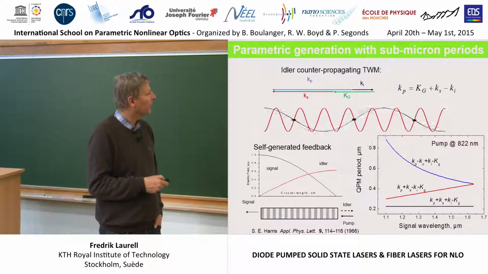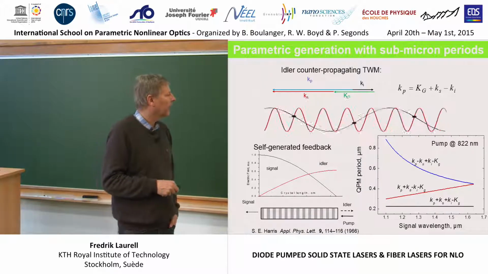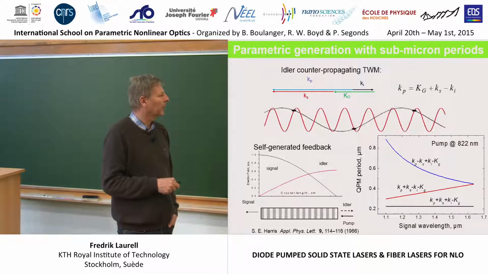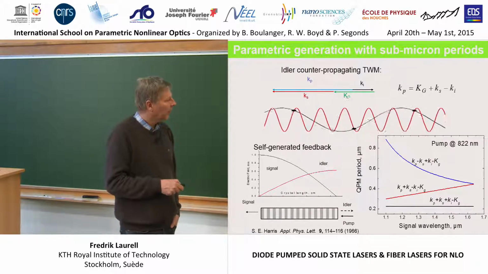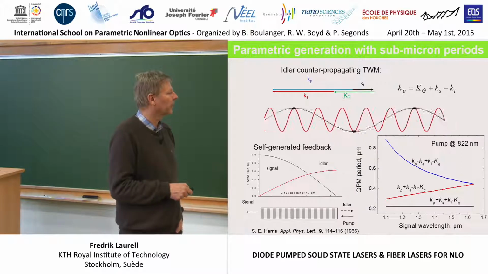Here's an animation of how the waves may propagate in such a case. And here is the phase matching diagram. So if we see what we can generate at the moment, we are somewhere here in the QPM period. It means that the idler will have to go backwards, and the signal and the pump, of course, in the forward direction.